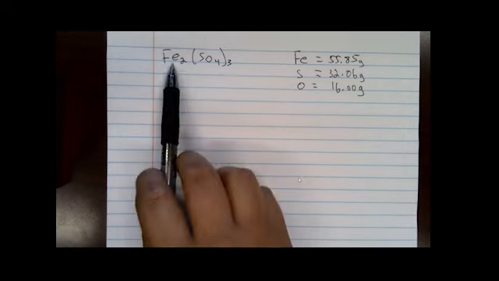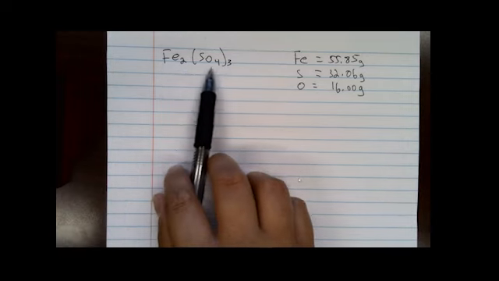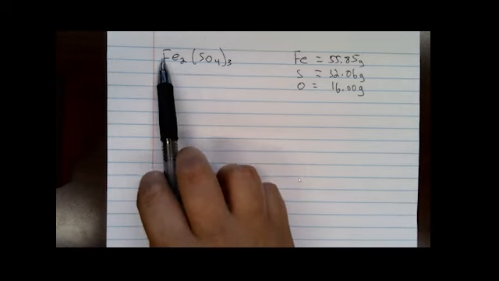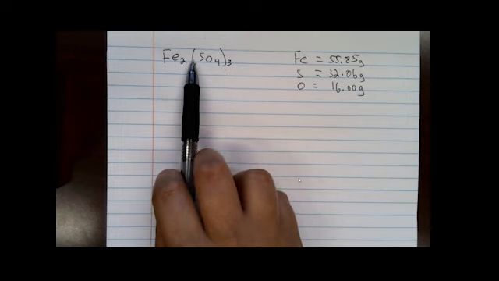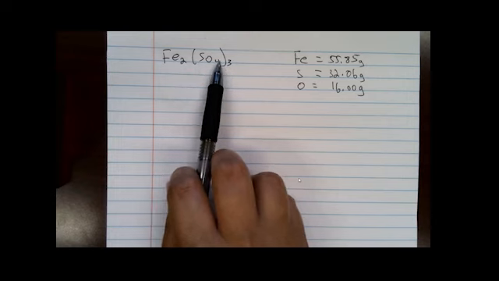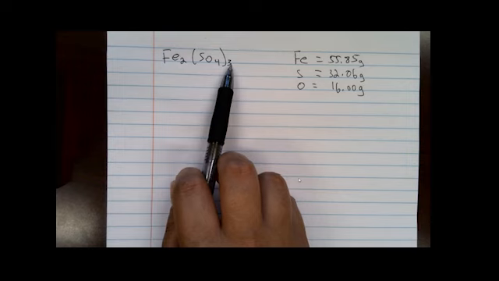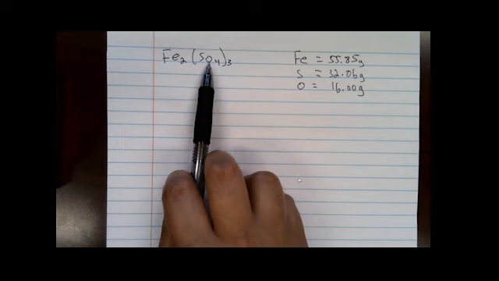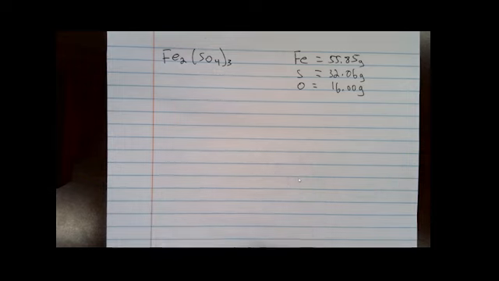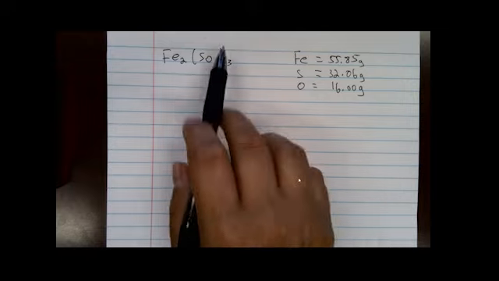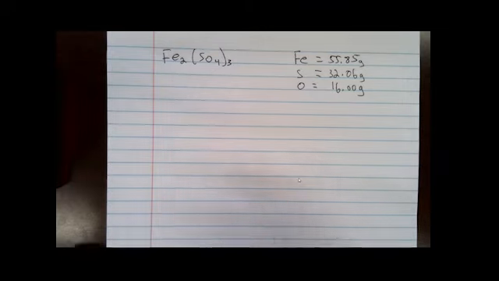The molecule itself, if we read it out, has 2 iron, it has 3 sulfurs, and it has 4 multiplied by 3, it has 12 oxygens.